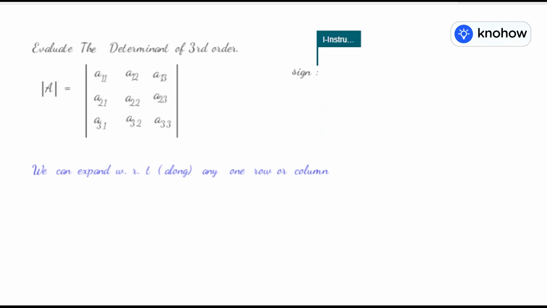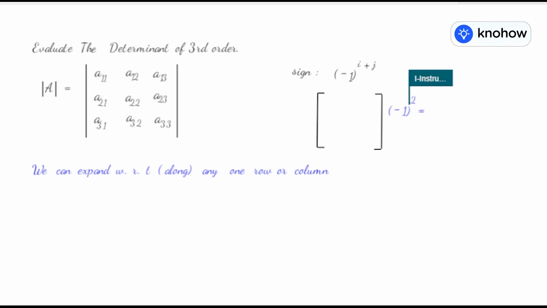The signs are assigned by the convention minus 1 to the power i plus j. Look here. For example, here you have 1, 1. So minus 1 to the power 1 plus 1, that is 2, minus 1 squared will be plus 1.